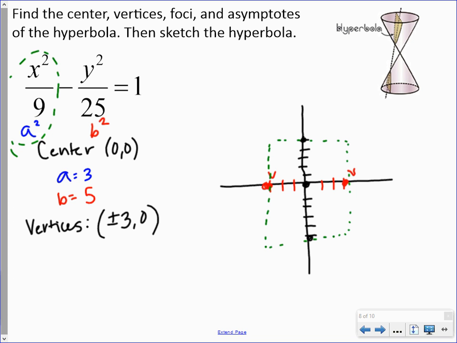Your asymptotes are the diagonals of that rectangle. So they pass through the center point, and then they pass through the corners of the rectangle. You can use that to help you draw asymptotes nicely. So the rectangle helps us get our asymptotes.